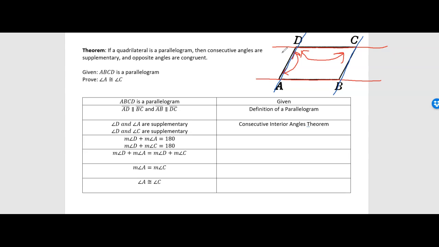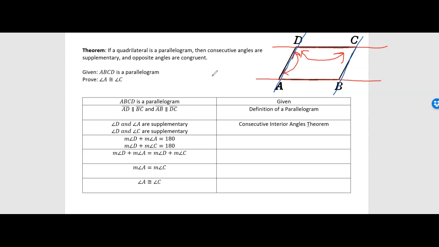So we've done that. We could have also listed AB and CB being supplementary, but I think it's clear that any pair of consecutive angles here in the parallelogram is going to be supplementary. They just chose to show AD and DC, but we could have also said CB and AB are as well, again based on the fact that we have parallel lines.